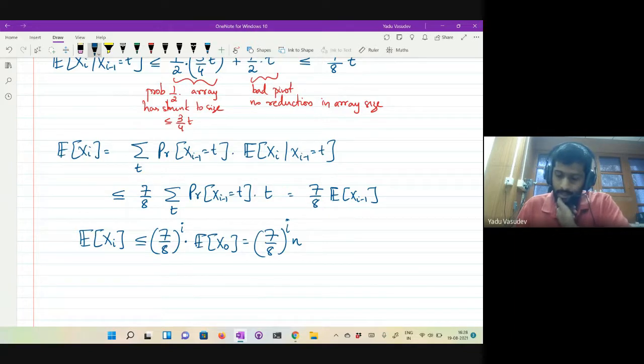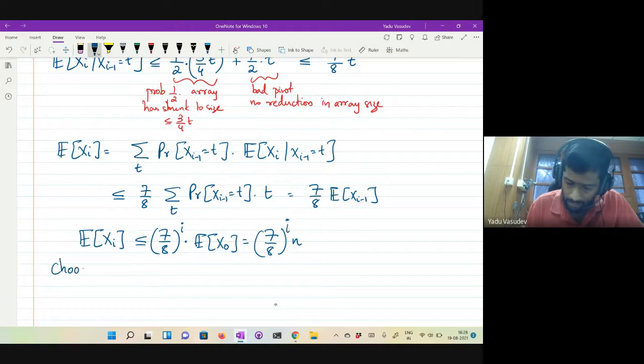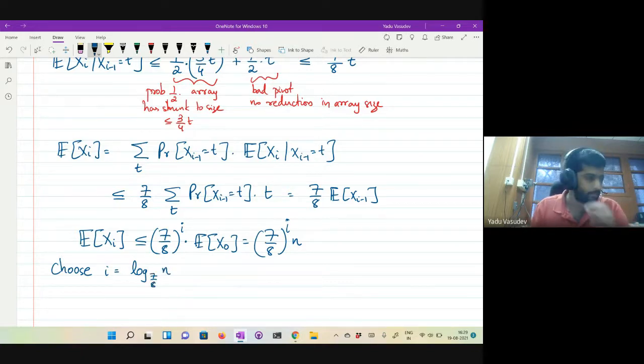So if you choose i to be something like log n to the base 7/8, say 2 log n, for instance.